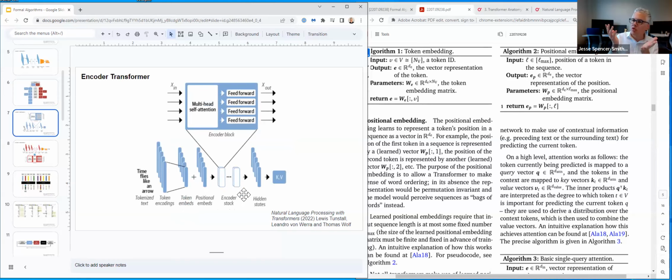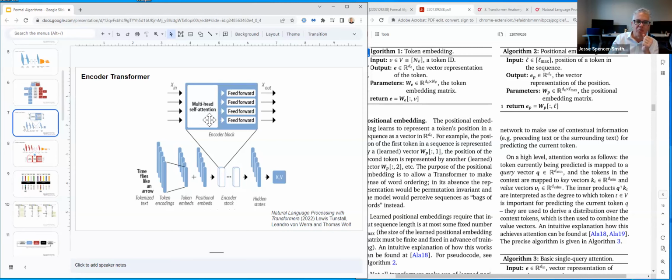So, to what do we have to thank our new age of AI? It's the transformer. And even more explicitly, it's self-attention in a deep learning network.